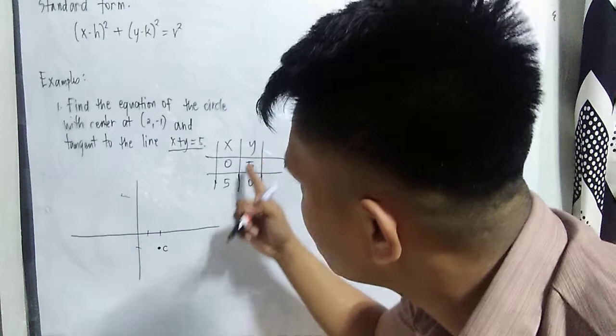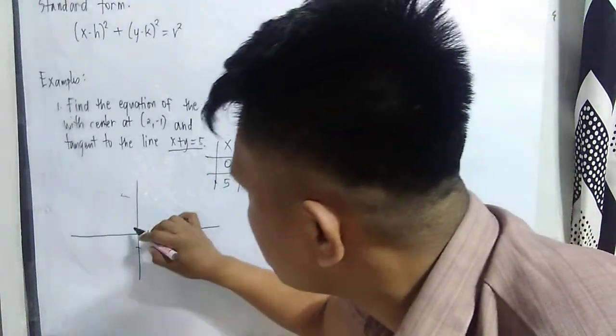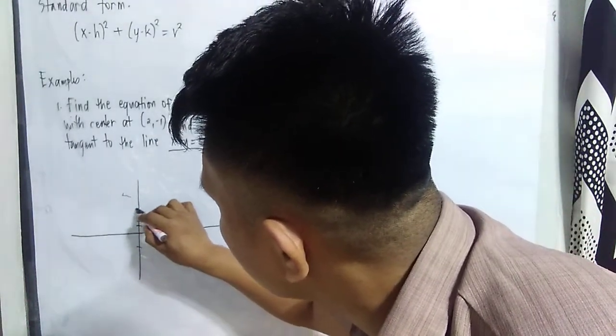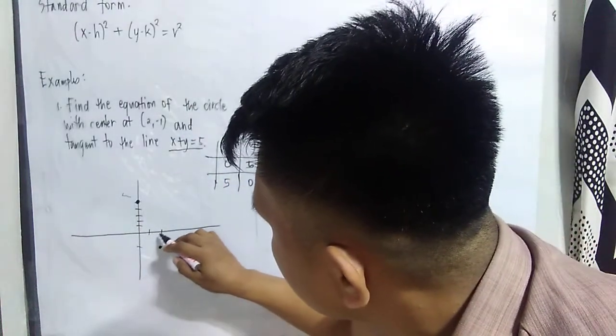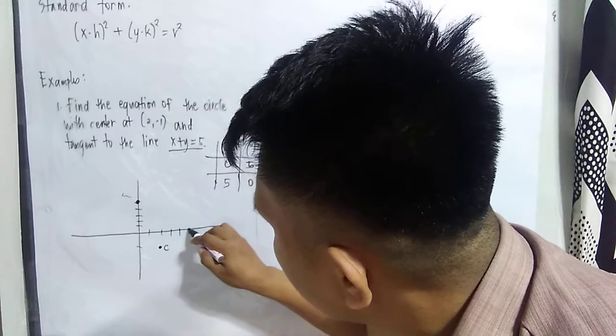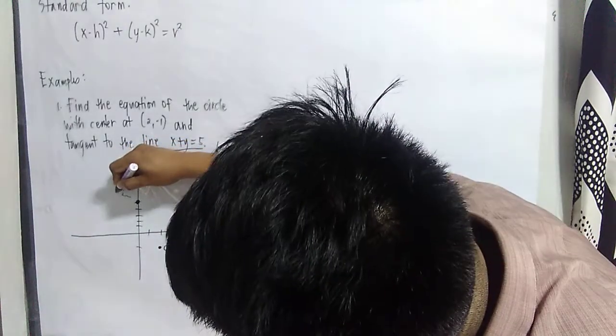Then we can now graph (0, 5) and (5, 0). Then connect these two.